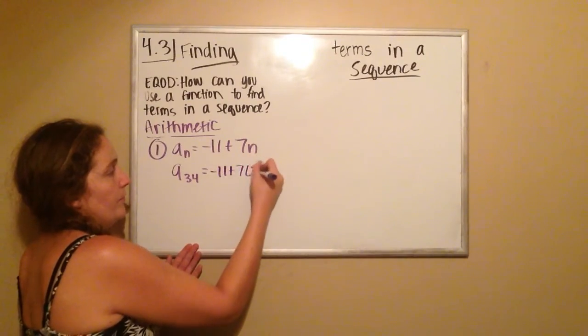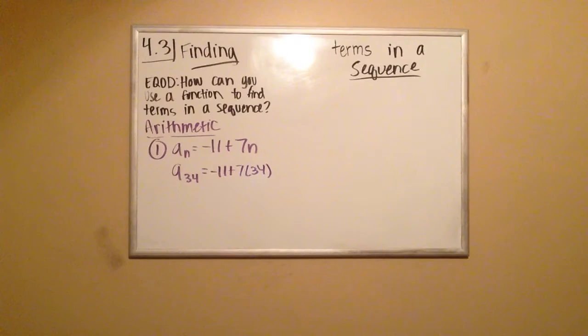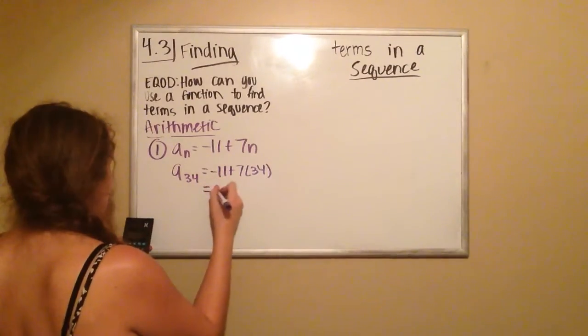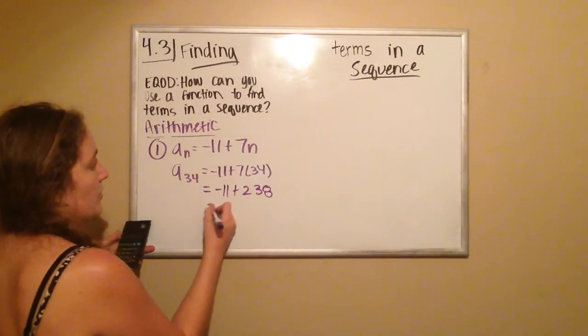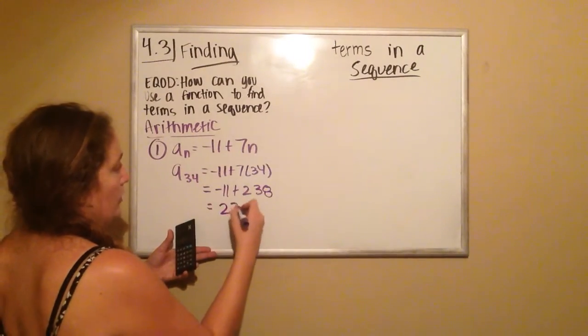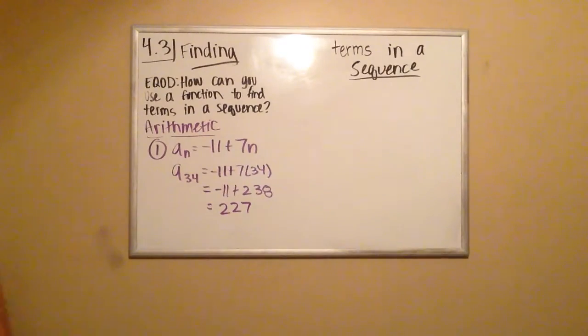Okay? Just plug 34 in for n. And then we would just solve this out. So the first thing we would do is 7 times 34, which gives us 238. And then we would subtract 11, which would give us 227. So that's our 34th term.